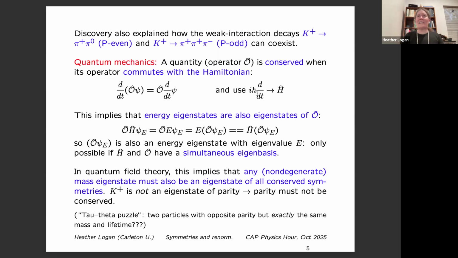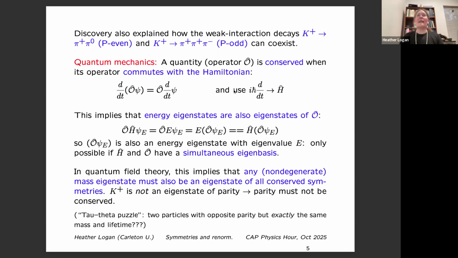But d by dt is basically the operator which is the Hamiltonian. The Hamiltonian is p squared over 2m, the kinetic energy part, plus V, the potential energy part. It's that thing that you put on the left-hand side of Schrodinger's equation, with equals i h-bar d by dt psi on the right-hand side, right? So the Hamiltonian is the kinetic plus potential energy piece.